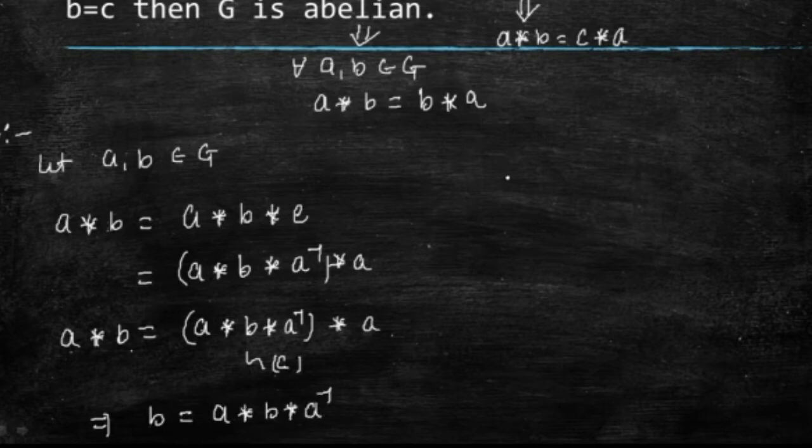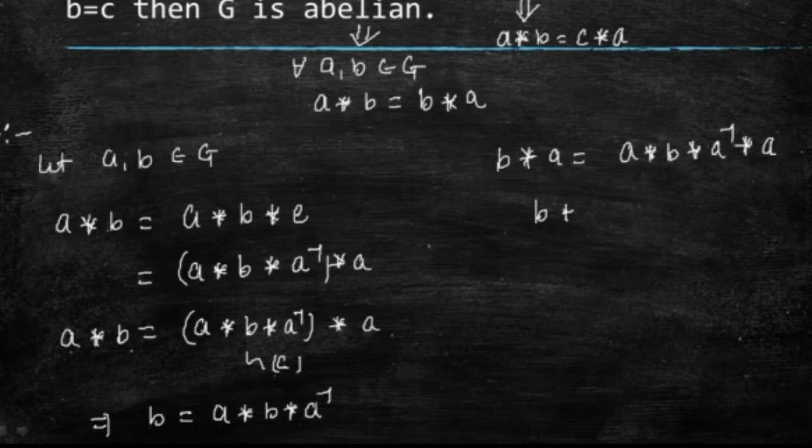And operating with A on the right hand side of the equation, B star A should be equal to A star B star A inverse star A. I will get B star A is equal to A star B, because A inverse star A will give me the identity, and identity will have no effect on the product.